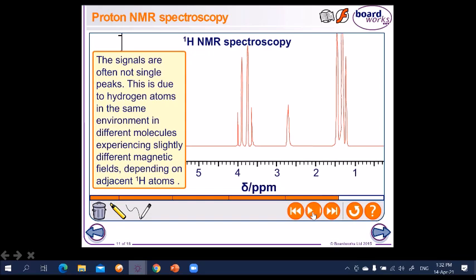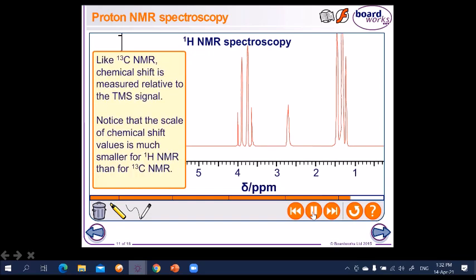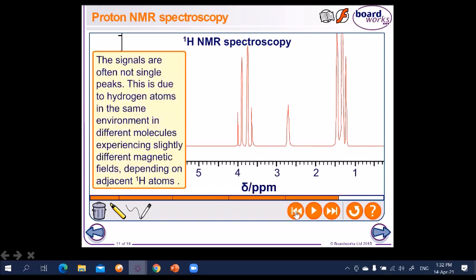So for those in the higher level, the signals, unlike in topic 11.3 for standard level, as you saw in your textbook, you would not see these kinds of multiple peaks. You would see this in topic 21 for HL.